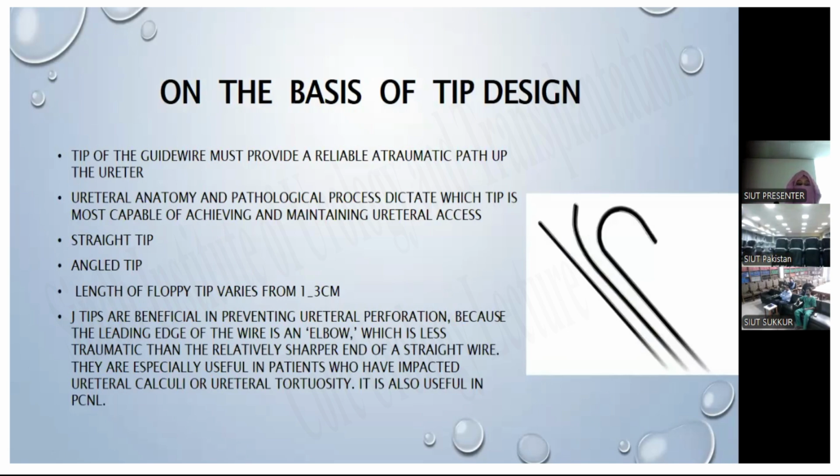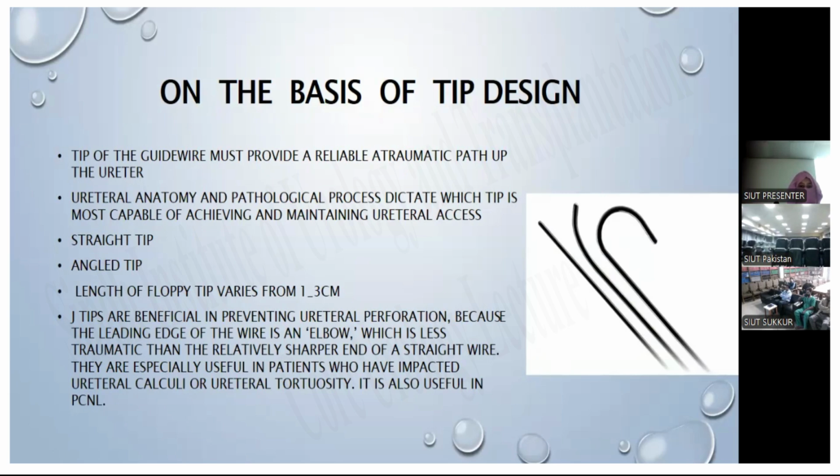So ureter anatomy and pathological process dictate which tip is most capable of achieving and maintaining ureteral access. Straight tip, angled tip; the length of the floppy tip varies from 1 to 3 centimeters. You can see here the J-tip design of the guide wire, and the angled and straight wires.